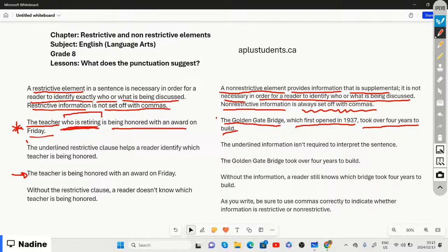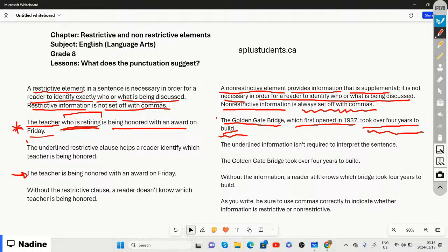So which means that if we look at the sentence that says it took over 4 years to build, we don't actually need that information. That information is not even required, because if they say the Golden Gate Bridge, which was first opened in 1937, or we can even say the Golden Gate Bridge, let's say it took over 4 years to build, you don't even have to say how long it took to build.